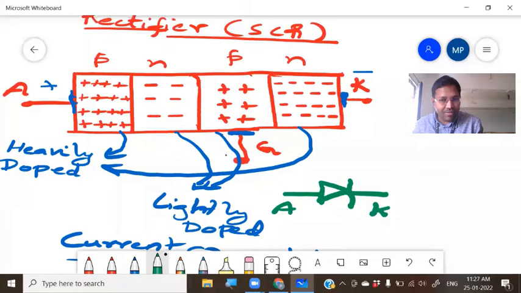Additionally, you have the gate terminal, or you call it the gate trigger. So this is the symbol of the SCR.